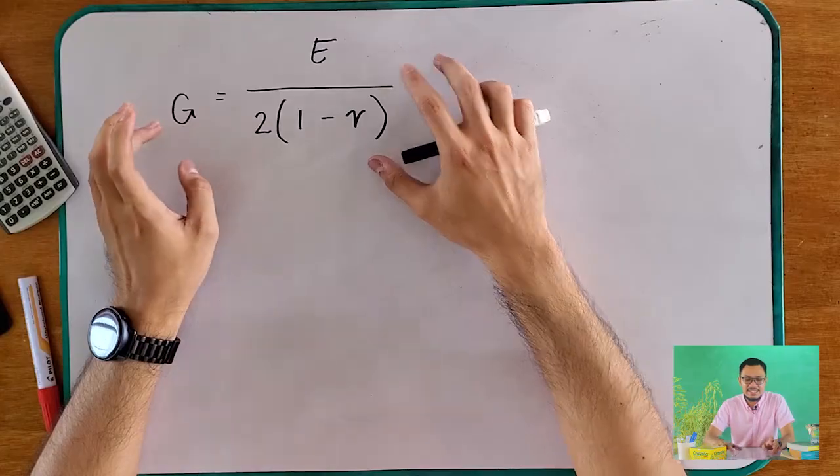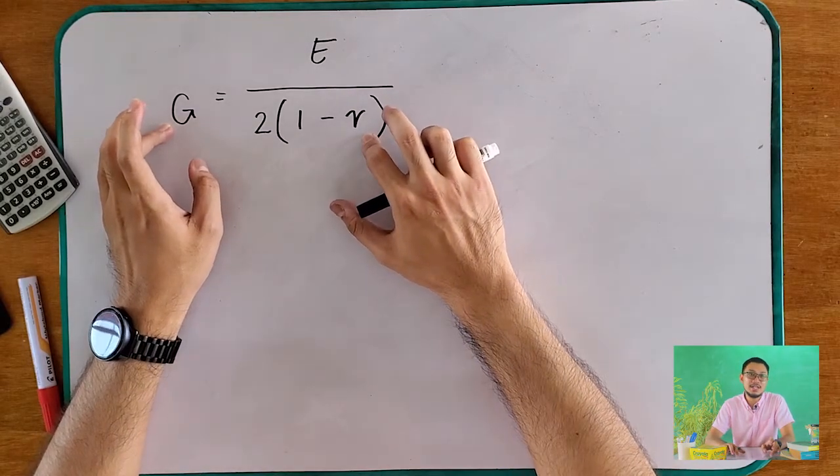Why is that so? We will discuss this later in our next chapters. Just take note that these three are related to each other with this equation I have here.